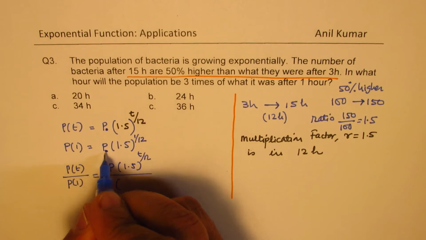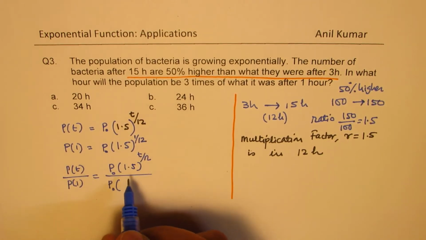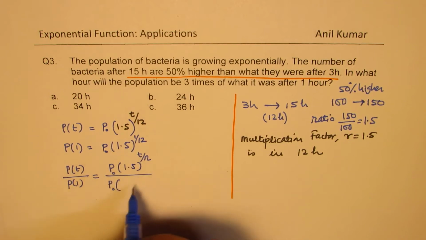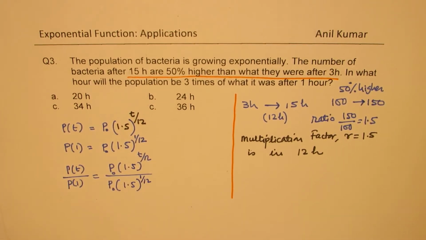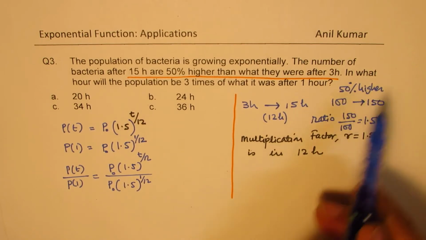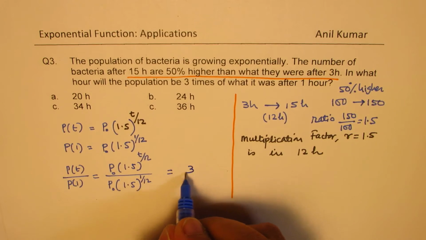We call this initial, normally we write P0, right? No harm in writing this. Clear? Now, in what hour will the population be 3 times? I want this ratio to be 3.